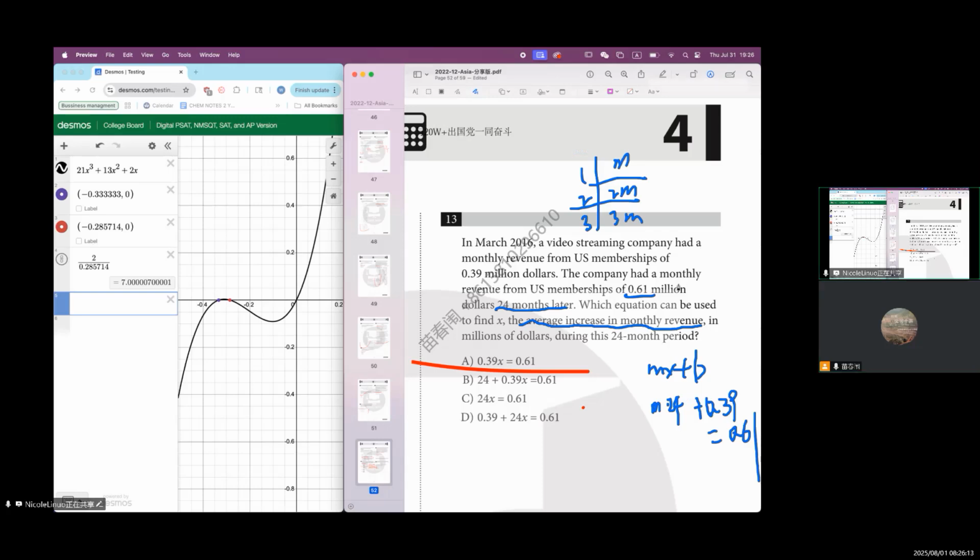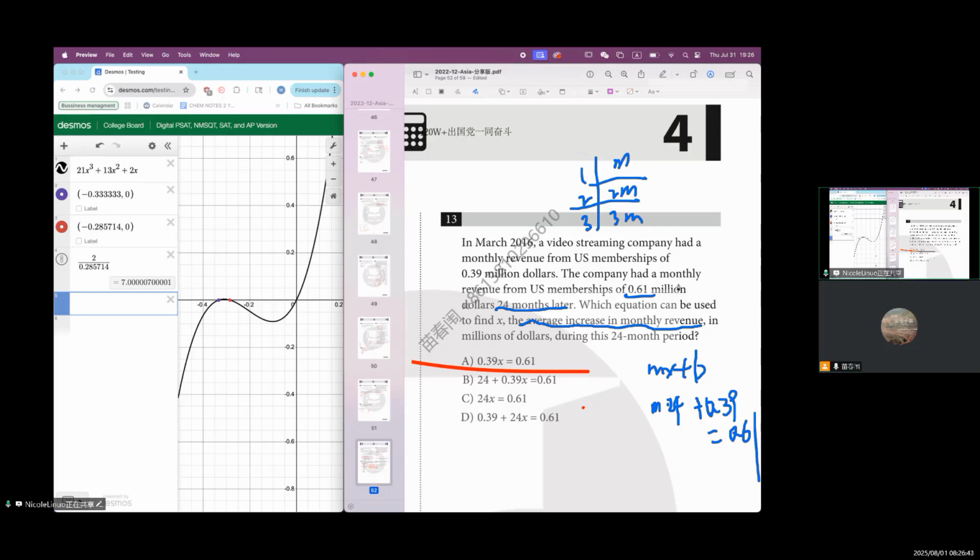But it's saying that's the monthly revenue, so isn't that something that changes? It changes. The change is expressed in the m, in the 24m. You're wondering why the change is not in there, right? Because 0.39 is the original value. It didn't change. It's the beginning. The time hasn't started yet.